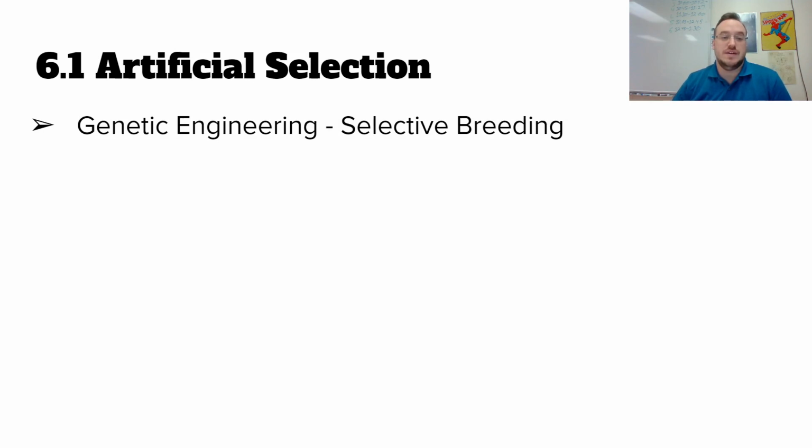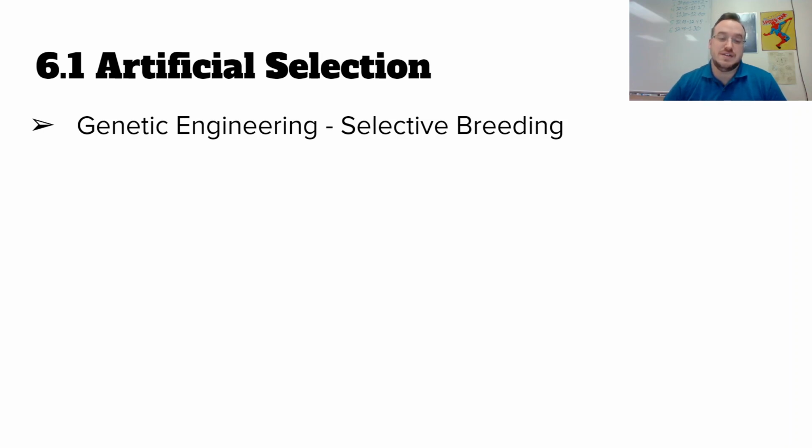So remember that genetic engineering we talked about last unit with selective breeding, that's something called artificial selection, right? You might have heard of other things like artificial intelligence. This is kind of similar, right? We've got an outside force acting on a genome here, but that outside force has a specific goal in mind.